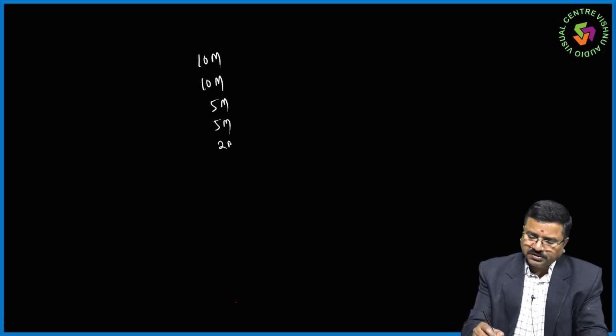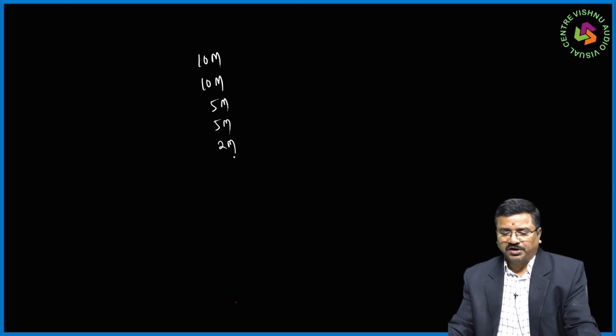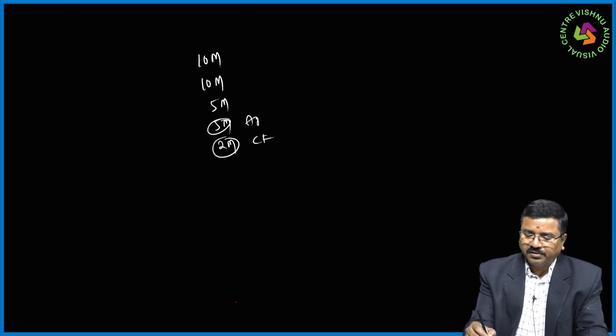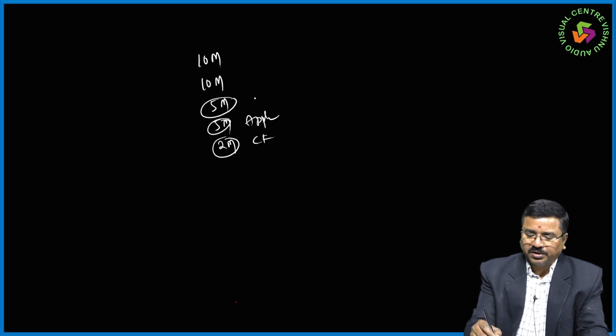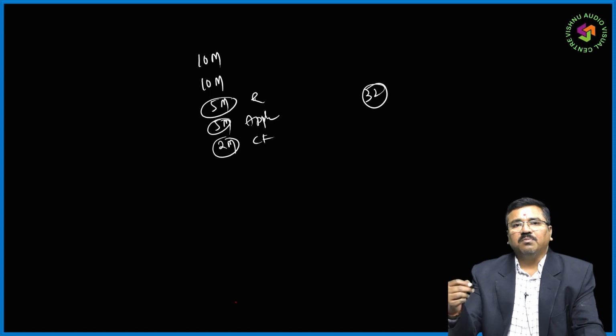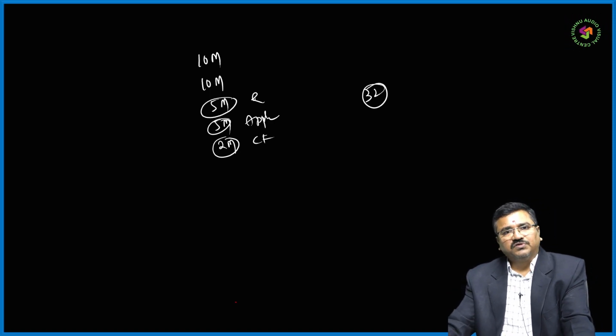In the worst case, I am taking 2 marks for the CF. This is for the CF of the 5th unit, this is for the application, and this is for Rolle's theorem. Now you can add it up: a minimum of 32 marks out of 60.